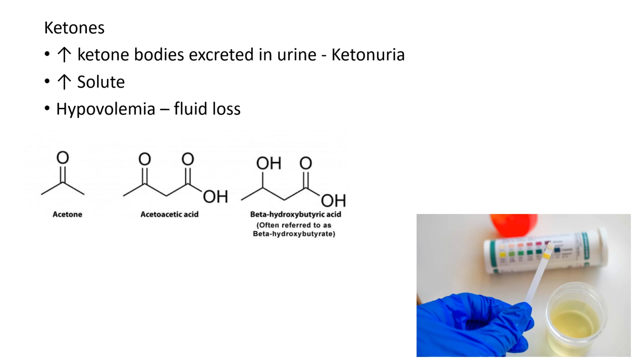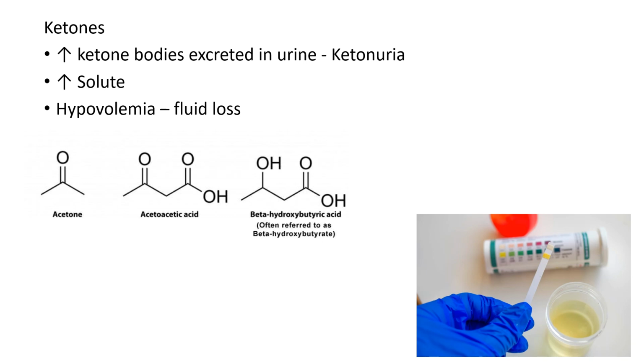So these increased ketone bodies will eventually be excreted out of the urine in a process called ketonuria. Ketones are a solute, and they're in the urine where they're not supposed to be. So what they're going to do is they're going to recruit water.